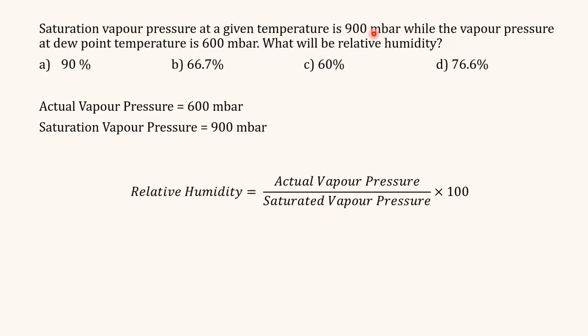The relative humidity is calculated using actual vapor pressure divided by saturation vapor pressure into 100. We simply divide 600 by 900 and multiply by 100. When we solve this, we get 66.666%. So if we see the options, 66.7% is the correct answer.